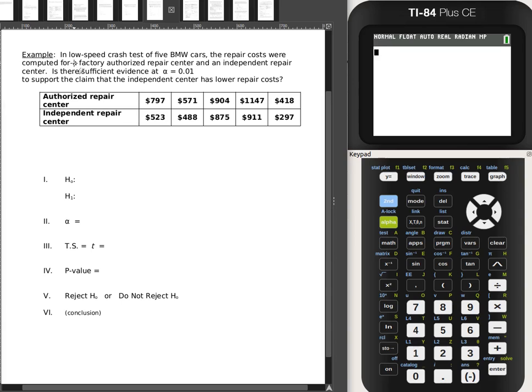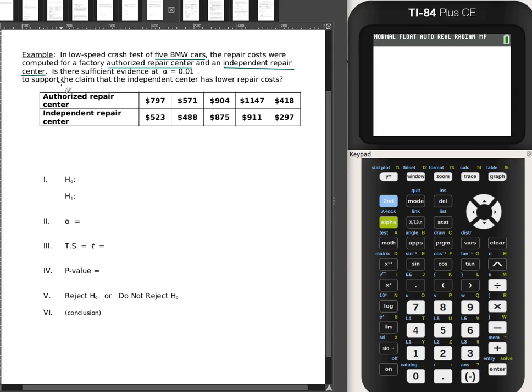It says in a low-speed crash test of 5 BMW cars, so apparently our sample size is 5, the repair costs were computed between an authorized repair center, so probably the actual BMW dealership, or the independent repair center, whatever type of collision repair center.